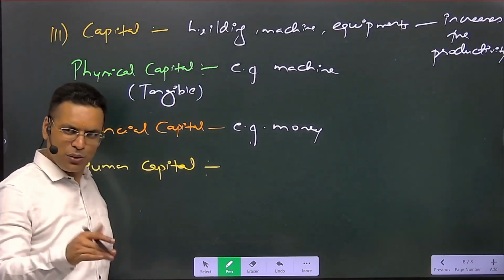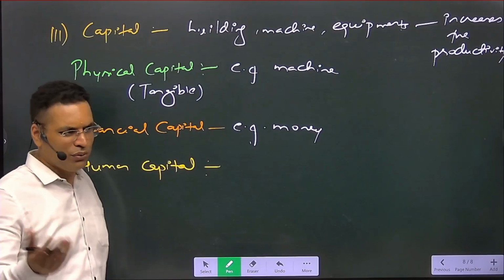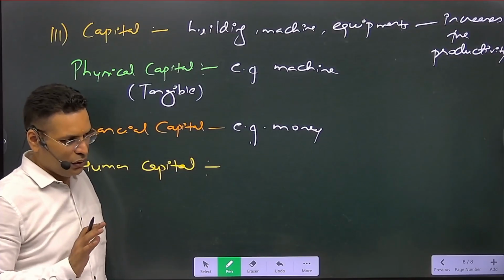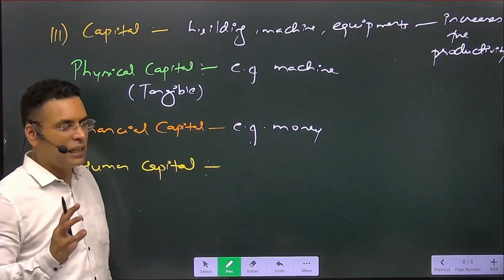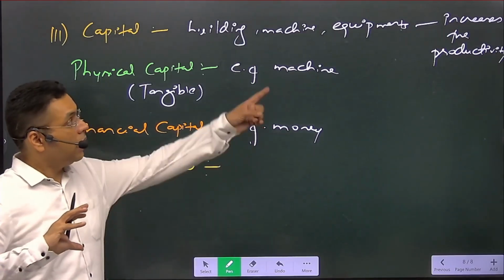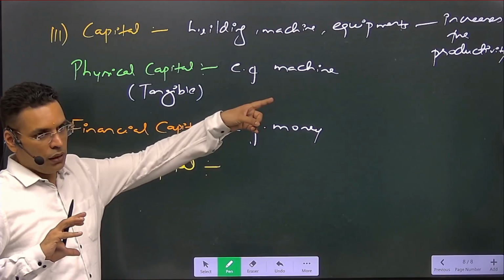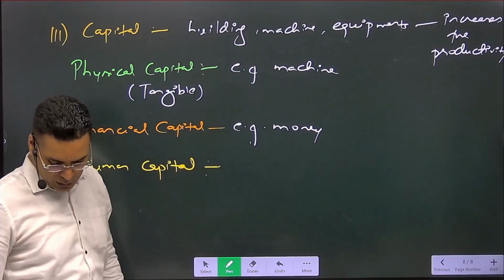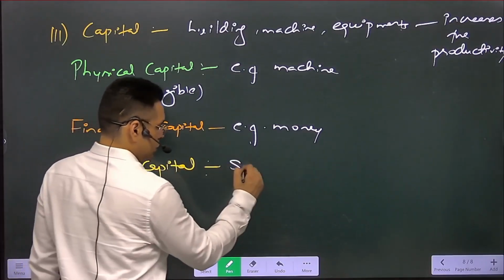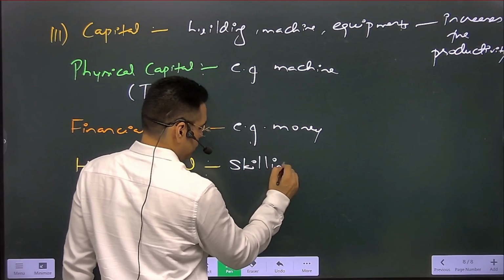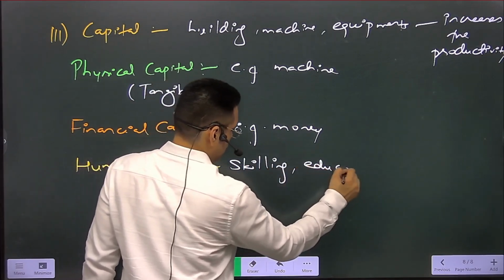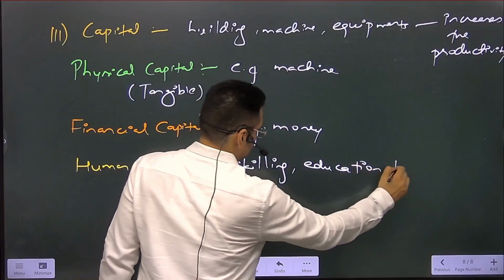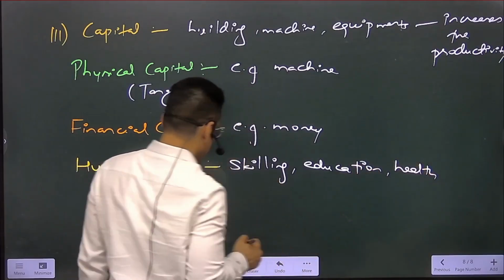And one person who is not working hard enough or not skilled enough will not run the company. So human resource, human skill, human capital means we are looking from the productivity point of view. So you are skilled, educated. That is the concept of human capital. So skilling, education, health. That is a part of human capital.